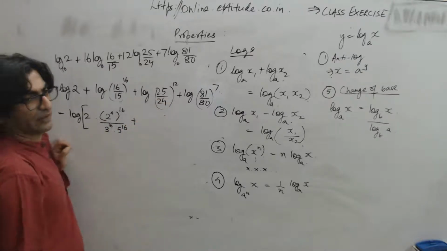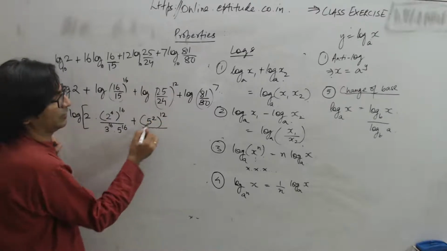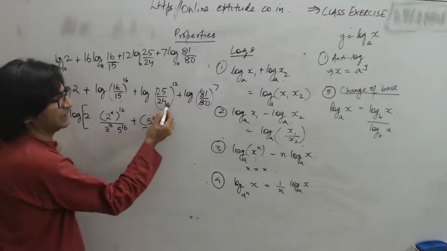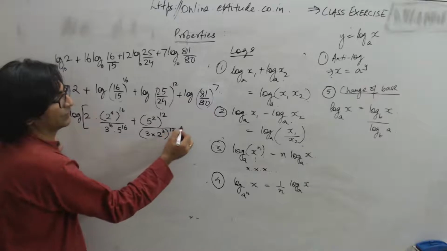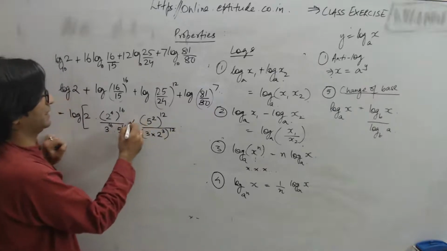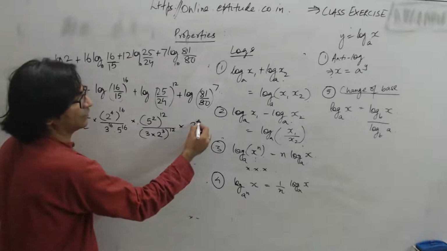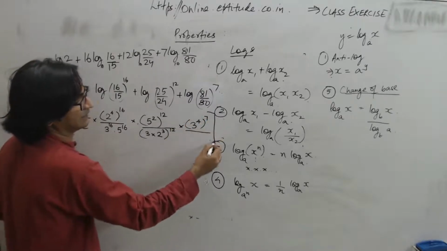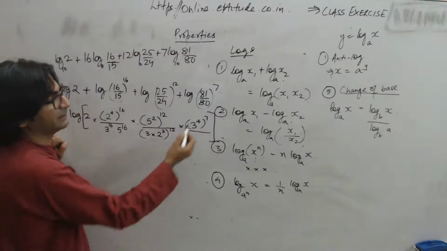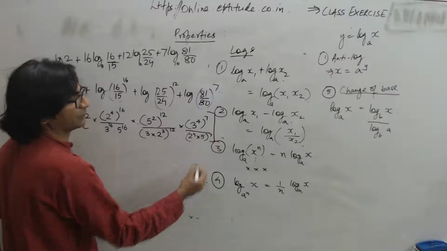Here similarly I have 25, which is 5 square, to the power of 12. 24 is 3 into 8, so 3 into 2 cube, whole power of 12. All of these are getting multiplied. 81 is 3 power 4, to the power 7, and 80 is 16 into 5, so that's (2 power 4 into 5) whole raised to the power of 7.